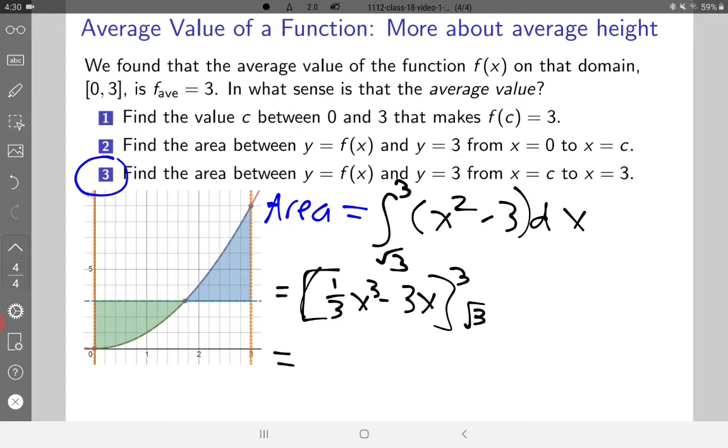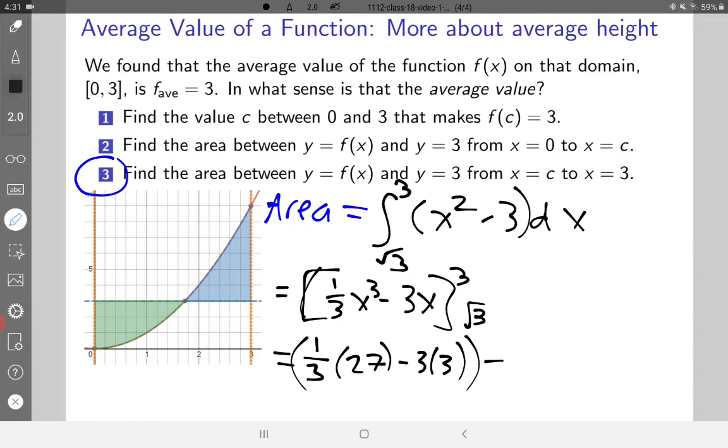Now when I plug in 3, let's see what happens. I get 1/3 of 3 cubed is 27, minus 3 3's. That's me plugging in 3 at the top. And then when I plug in root 3 at the bottom, I'm going to skip a couple of steps and say, this is exactly the same as what we did in the previous problem with opposite signs.